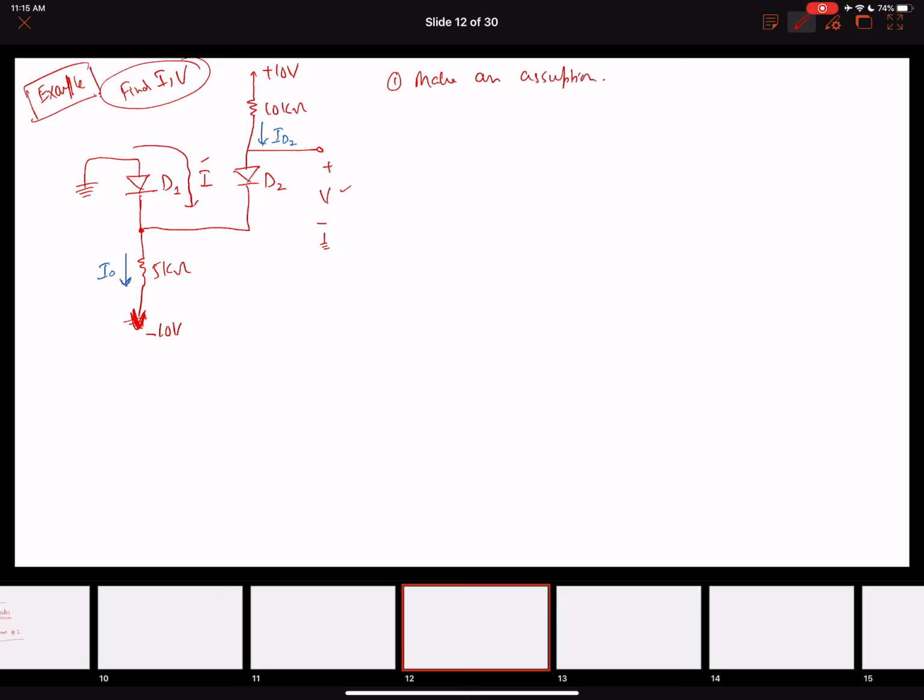For example, we can assume both the diodes are conducting, or only one diode is conducting and one diode is off. The second thing we do is verify the assumption, and third, we change our assumption if needed and solve it again. So this is the iterative process that we are going to do. First we are going to start with this.